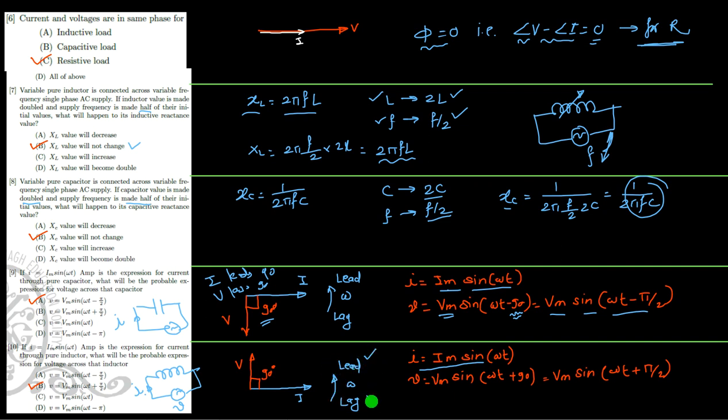This side is always lead, this side is always lag. If you remember this, it becomes easy. On the leading side, it is 90 degrees. So Vm sin omega t, with Im replaced by Vm, and omega t as it is. Instead of plus 0 angle, here we have to add plus 90 angle because voltage is leading by 90 degrees. Hence it is Vm sin omega t plus pi by 2.